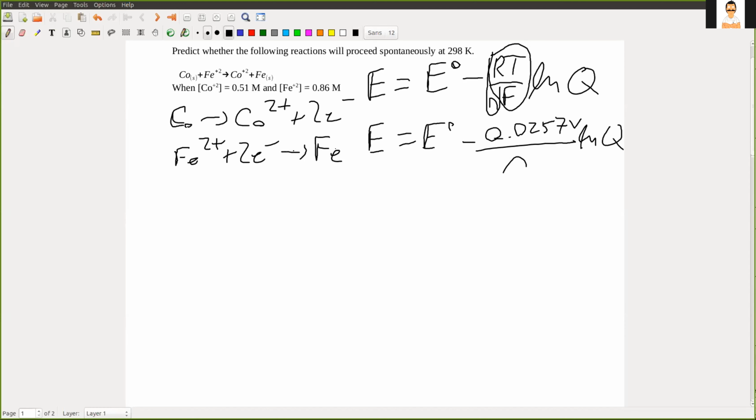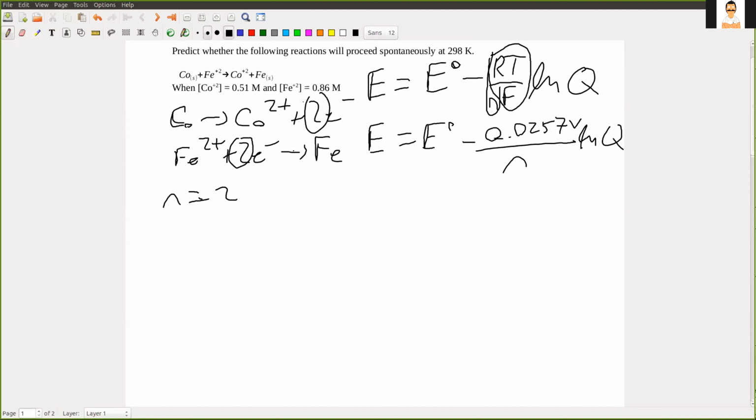Because the moles of electrons are equal for both reactions, we can pull N directly from the half reactions. If they were different, like if one had 3 moles of electrons and the other 2, you would multiply them by factors to get them both to 6, and 6 would be the total moles of electrons. But now we know that N is equal to 2, because we have 2 moles of electrons in either equation.